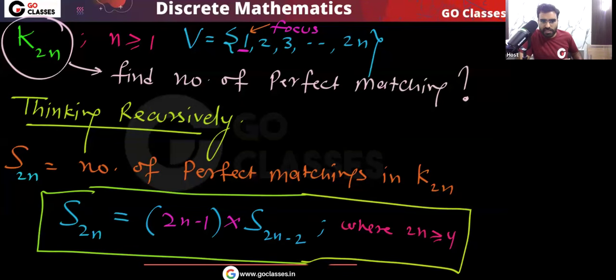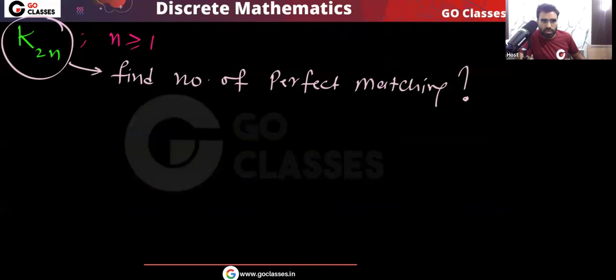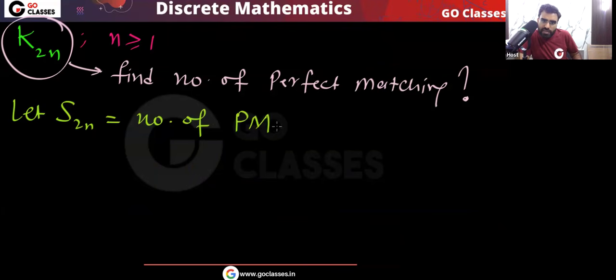Okay. So this is the recurrence relation we got. I hope you understood. So, find the number of perfect matchings. Let me just write the recurrence relation. Let's assume that S2n is the number of perfect matchings in K2n.